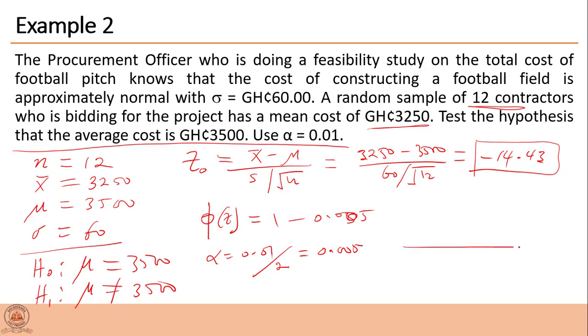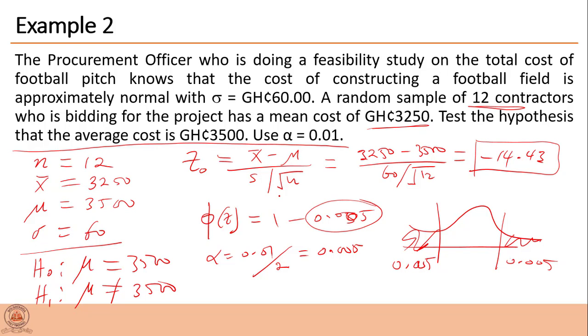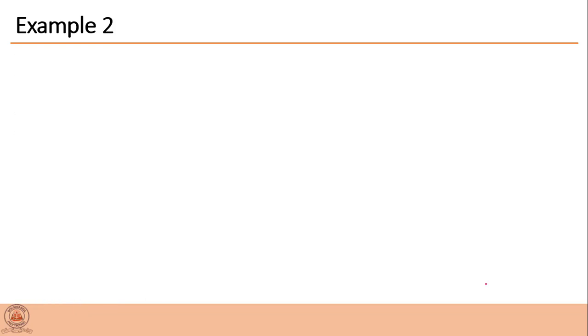So this side will be 0.005, and then the other side will be 0.005. That is why we're subtracting 0.005. So this equals 1 minus 0.005, and that will give us 0.995.